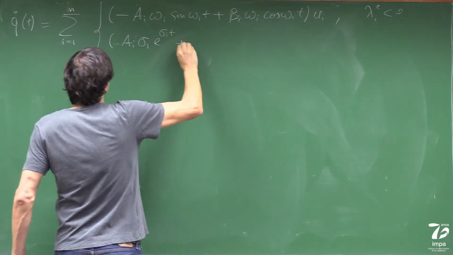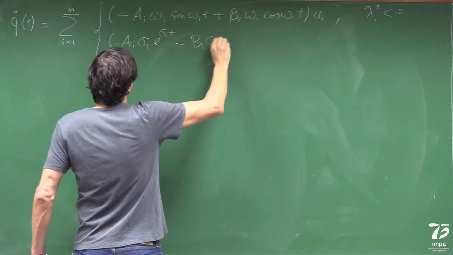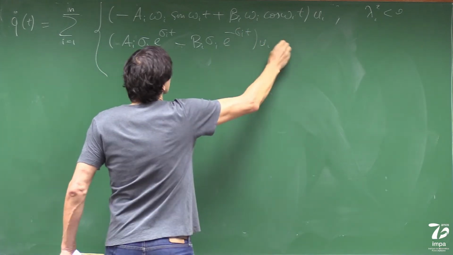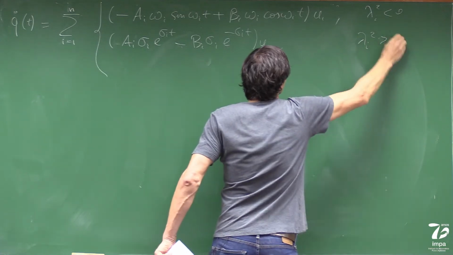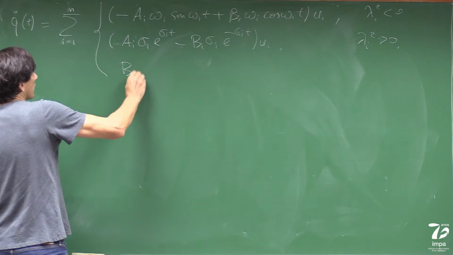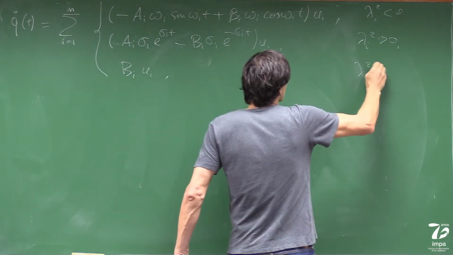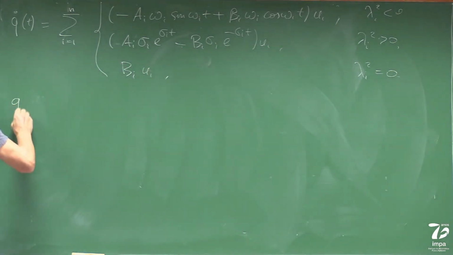Like this, plus, minus. Right? And the last, differentiating the last, it will be b_i u_i. Good. So now we take it at the initial point.